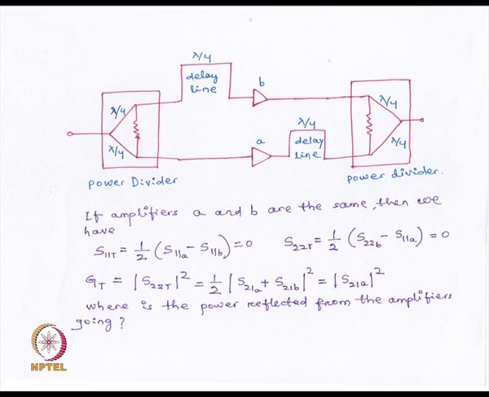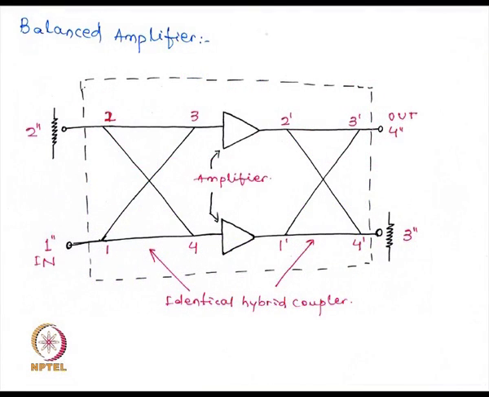Now, in this balanced amplifier, as I said, all the reflected waves get added up at port 2 double dash. There is a matched load connected at this port 2 double dash, where the reflected powers are wasted away.